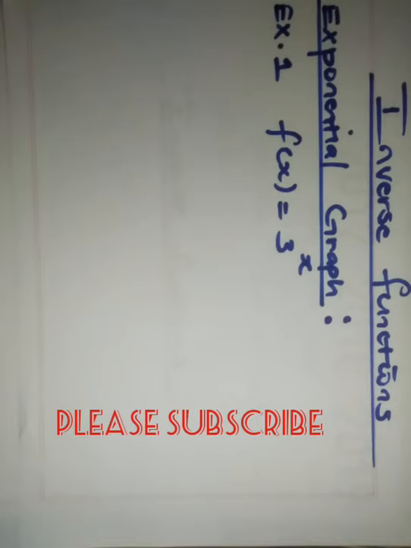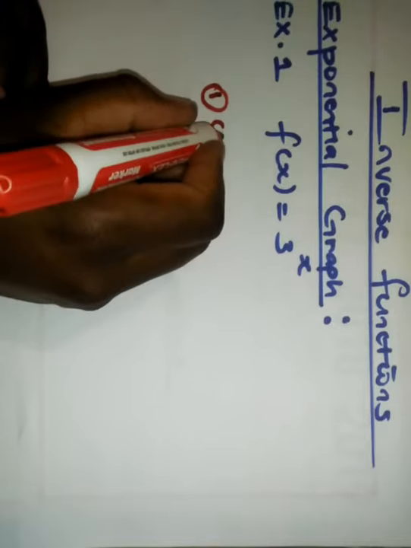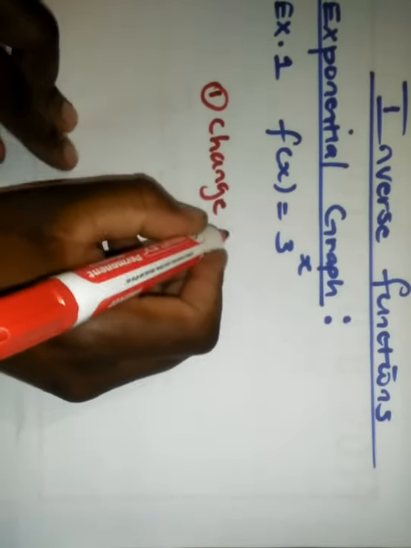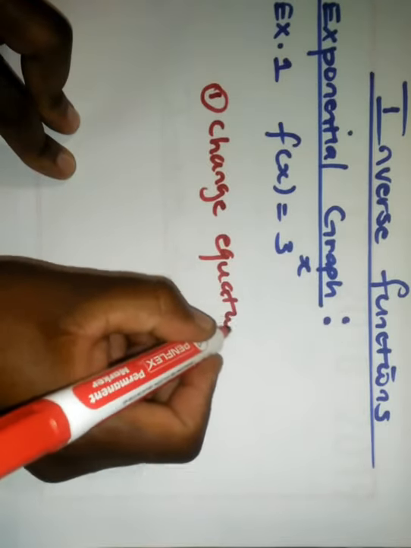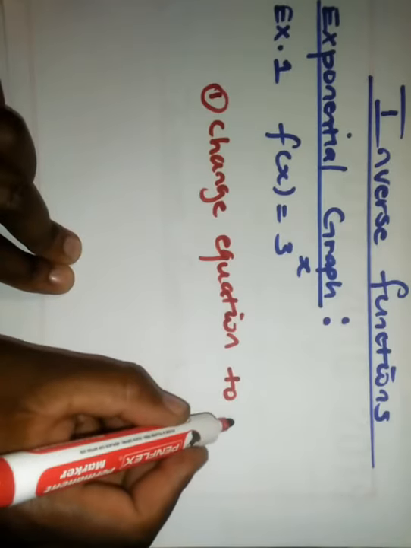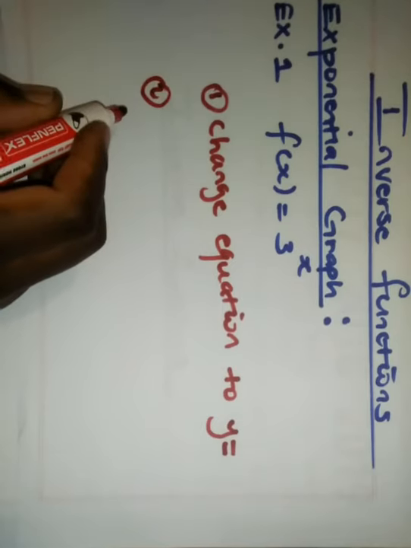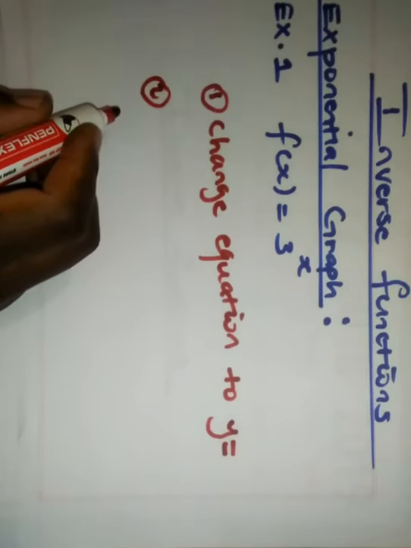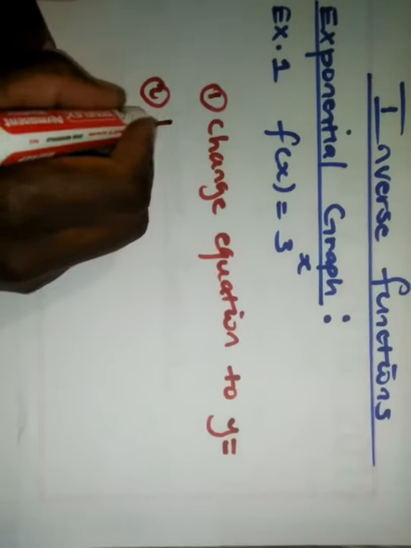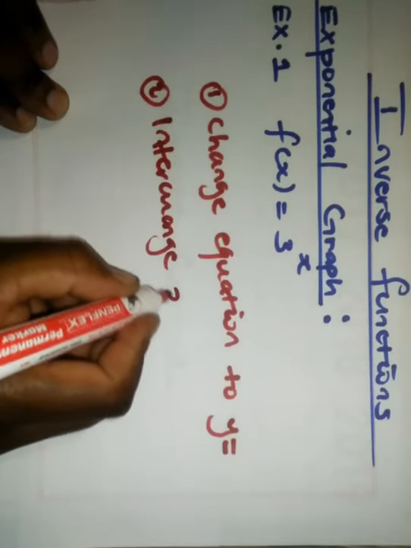Now in order for us to determine the inverse of any function, we just have to follow three steps. The first one is we have to change the equation. In this case our equation is f of x, and therefore we have to change this equation to y is equal to. The second step, we have to interchange x and y.